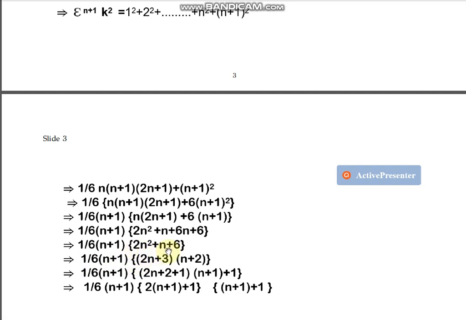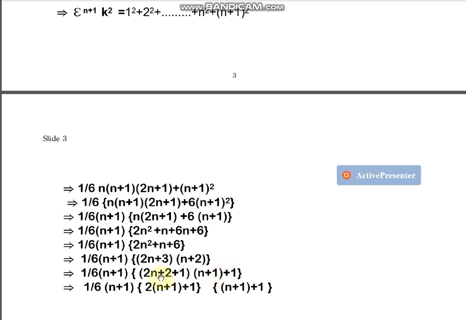Of course, it's a quadratic one, so we are going to have 2n plus 3 and n plus 2. Then from there we are going to have 1 over 6 n plus 1, then 2n plus 2 plus 1. Of course, we've reduced this one. Then n plus 2, we are going to have n plus 1 plus 1. Here it is.